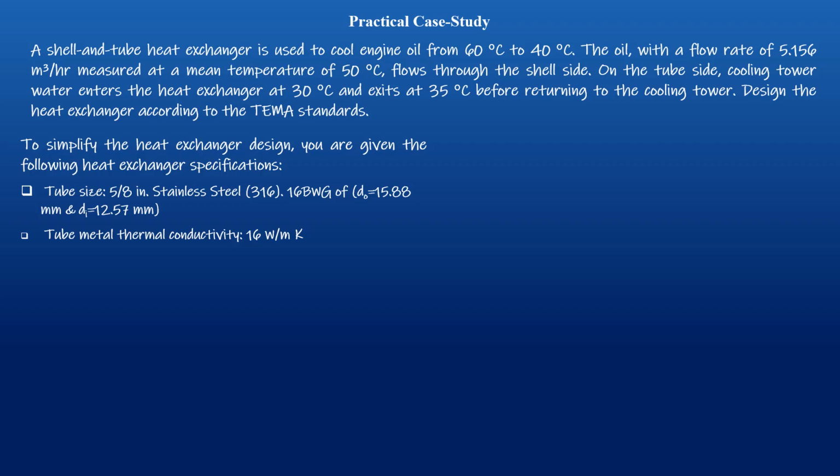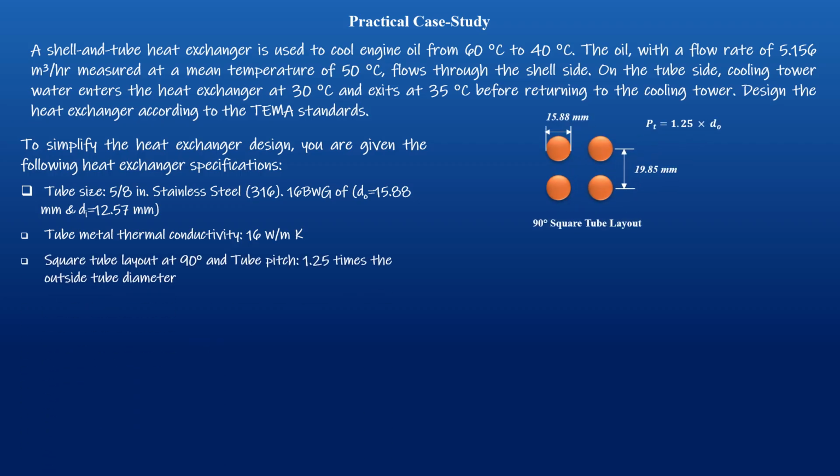The metal thermal conductivity is 16 watt per meter Kelvin, with a square tube layout at 90 degrees as shown in this diagram, with a tube pitch of 1.25 times the outside diameter as shown in these values.